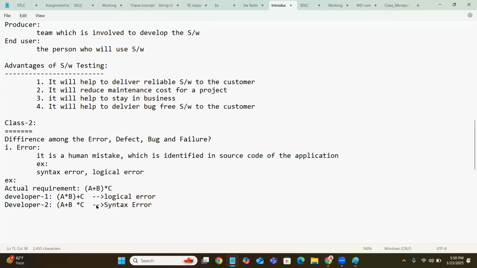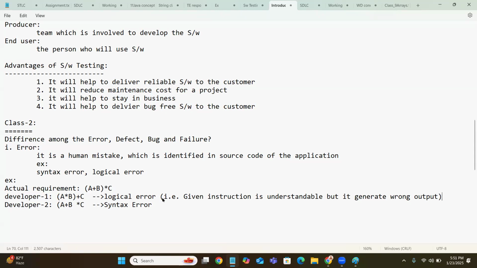Logical error means, try to understand me here, the given instruction is understandable, but it will generate a wrong output.